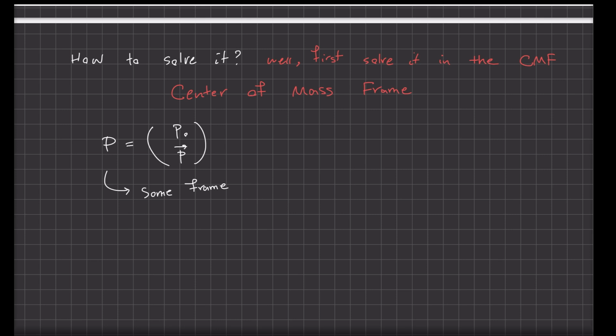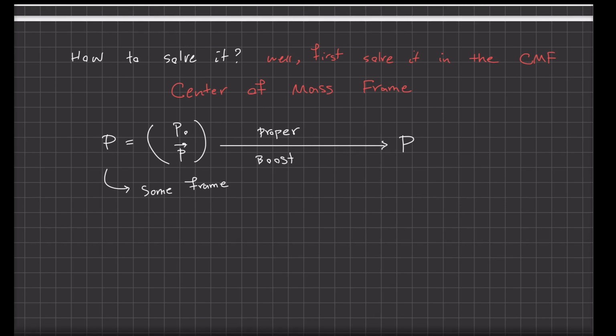In any frame of reference, we have p0 and the vector p, and then we boost to the proper frame of reference, which only has the energy component, not the momentum component. That makes it much easier to solve the equation because we only have one variable.